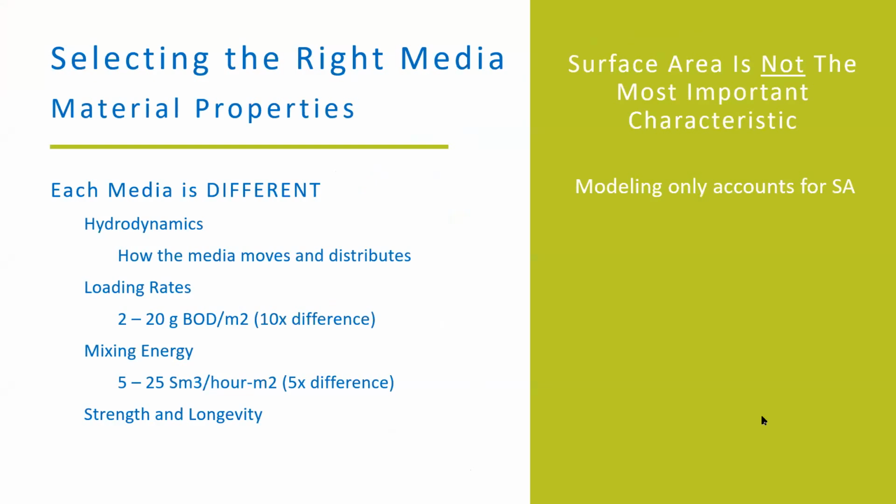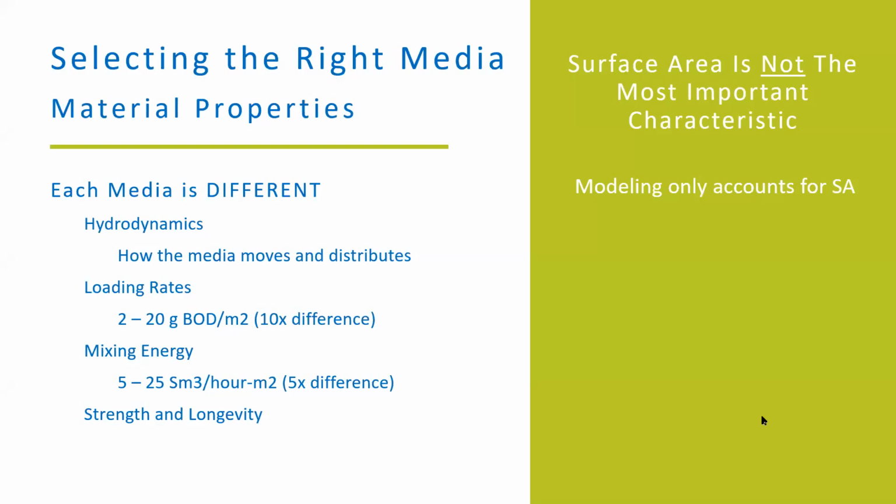And what we see here is a kind of cyclical system where we do emphasize surface area so much in our industry because modeling only accounts for surface area. If you were to go into BioWin or Sumo or any of these types of wastewater models, typically the only characteristic they're looking for when talking about biofilm carriers is what the surface area is.